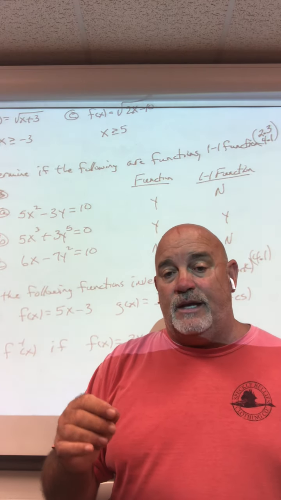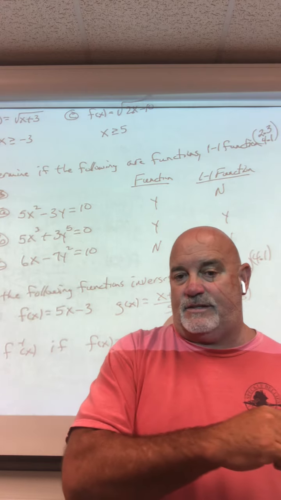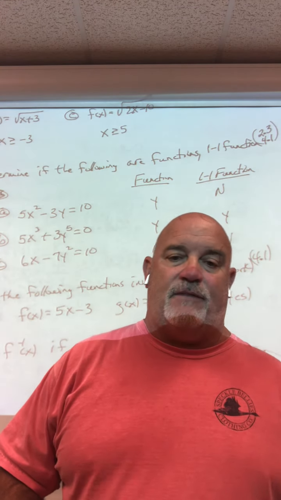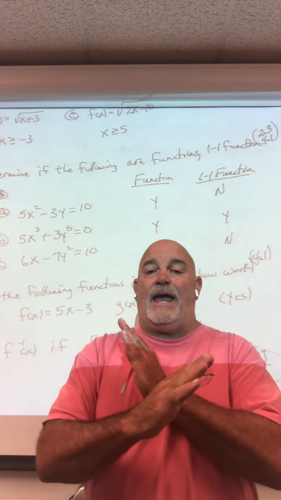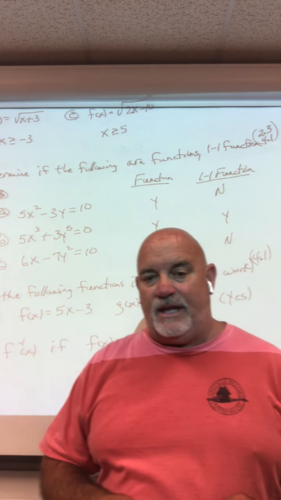What you have to do is f composed with g of x, and then you have to turn around and do g composed with f of x. When you do both of those, if you get an answer of x both times, then the answer would be yes.